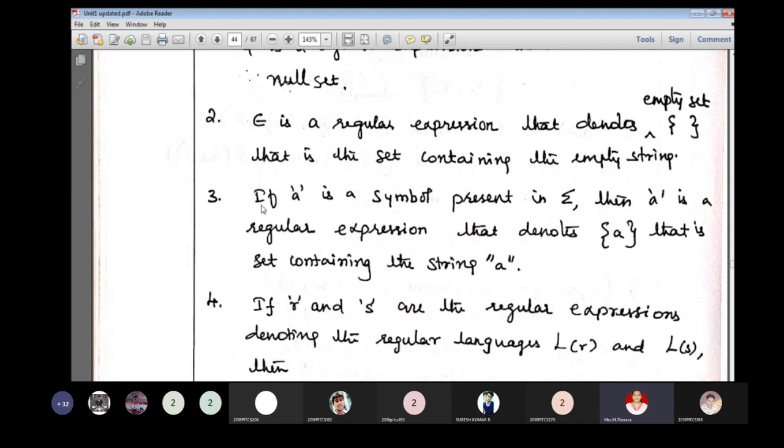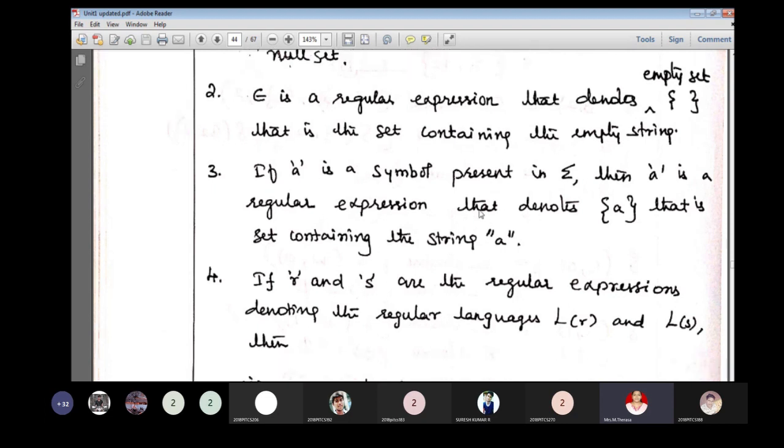Third, if a is a symbol present in sigma, that is, consider any symbol in general as a, which is present in the alphabet sigma, then a is a regular expression that denotes the set containing the string a, the string with only one symbol a, that is, the length of the string is 1.